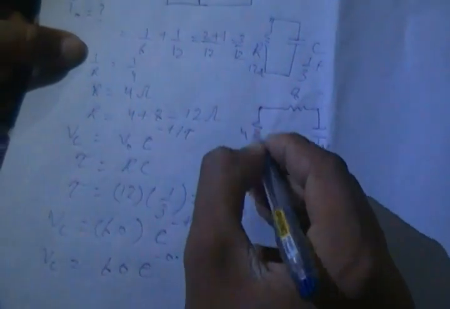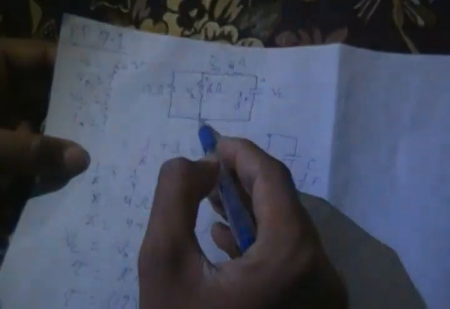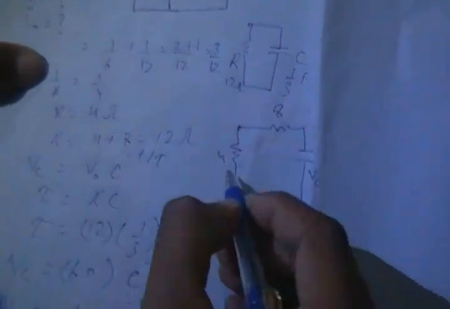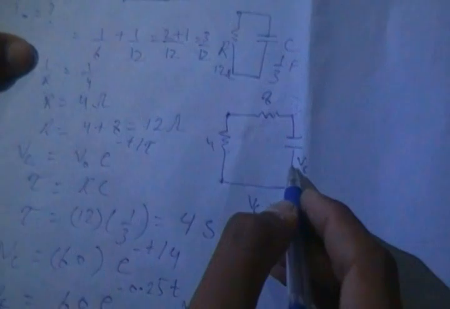But we want to find the voltage of the 4 ohm resistor, because the 4 ohm resistor is the equivalent of these two resistors. So the voltage of the 4 ohm resistor is also the voltage of the 6 ohm resistor and 12 ohm resistor, because these both are in parallel. So the voltage of 4 and 8 is the voltage of the capacitor.